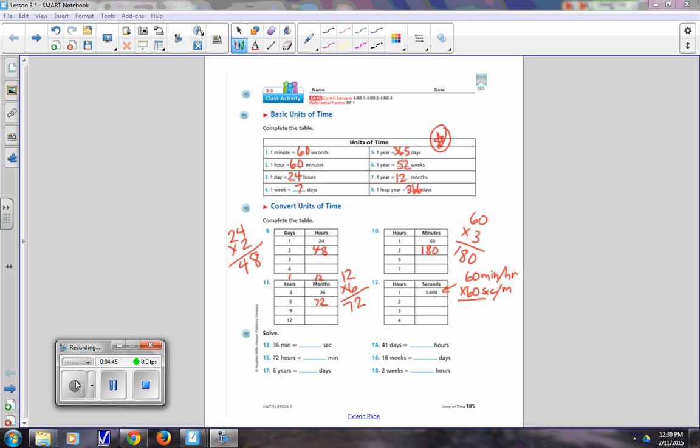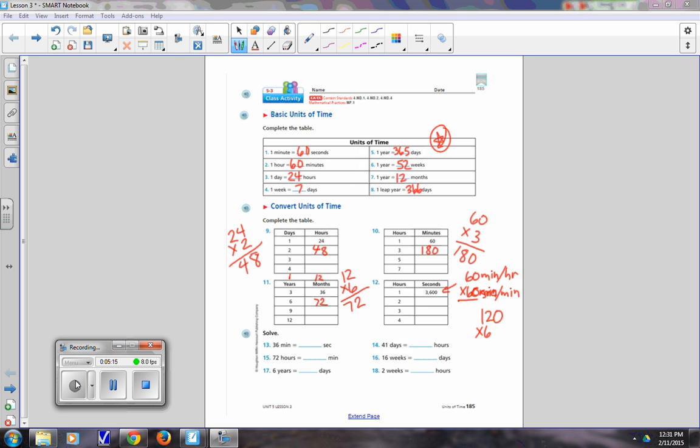Oh, wait, I'm sorry. I think it's 60 seconds per minute. So you have to multiply it multiple times. So if I have 2 hours, I know that that in minutes is 60 times 2 is 120 minutes.